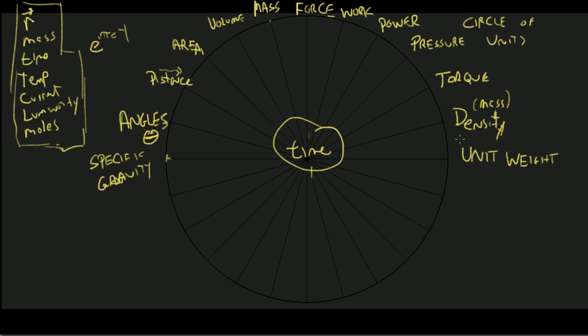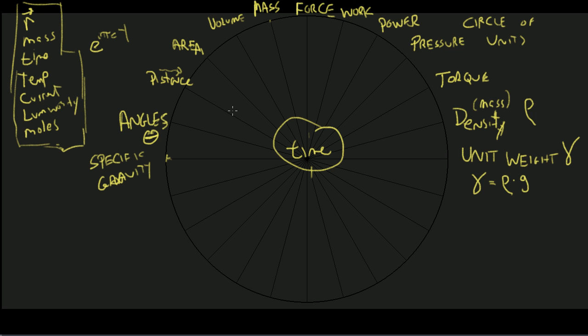Density, which is mass over volume, and unit weight, which is weight over volume. I'm going to put the symbol here. Symbol for density is there, and the symbol for unit weight is there. Or density times g. So we also can learn that unit weight is equal to the mass density times the acceleration due to gravity, which we know very often is 32.2 feet per second squared, or more likely 9.8 meters per second squared.